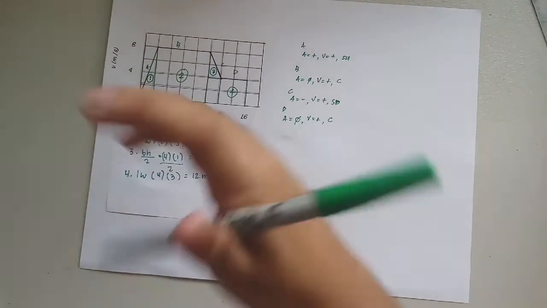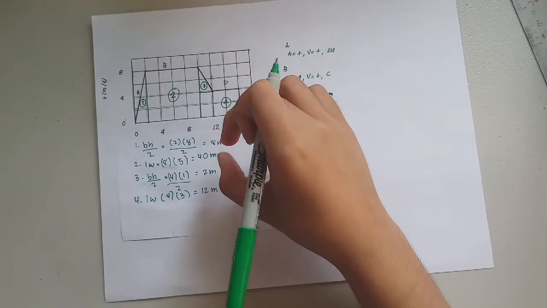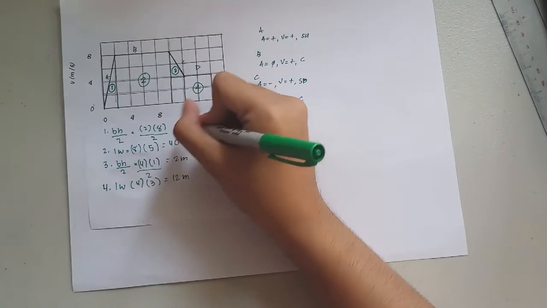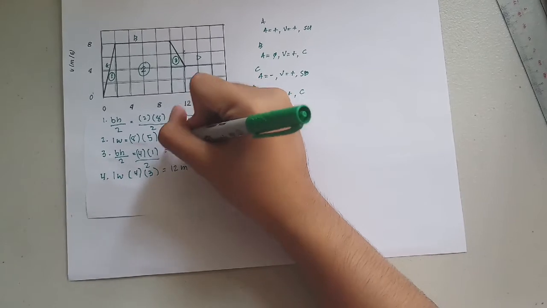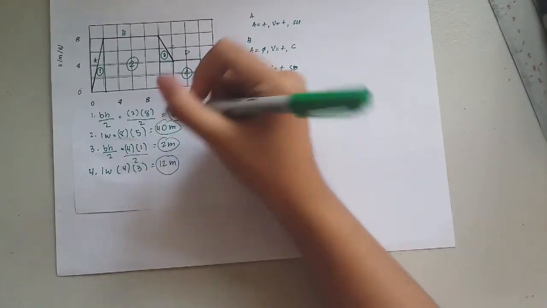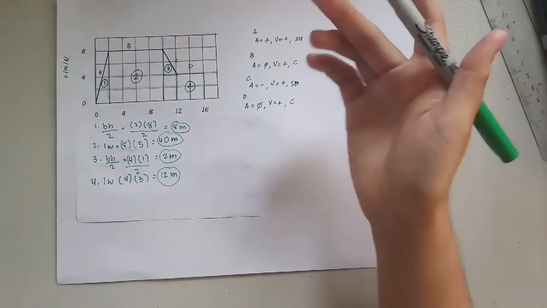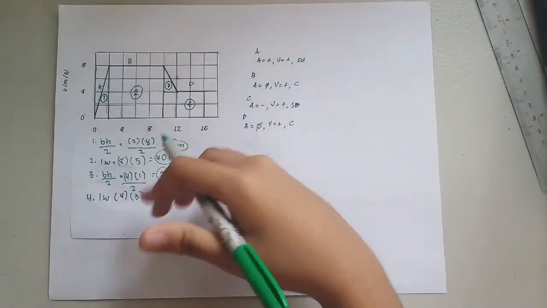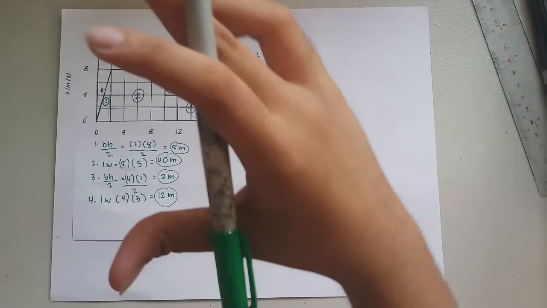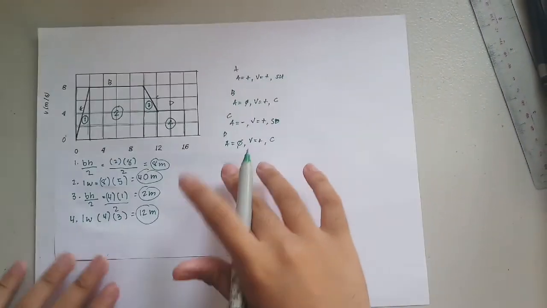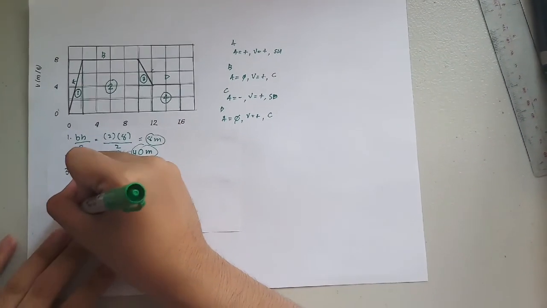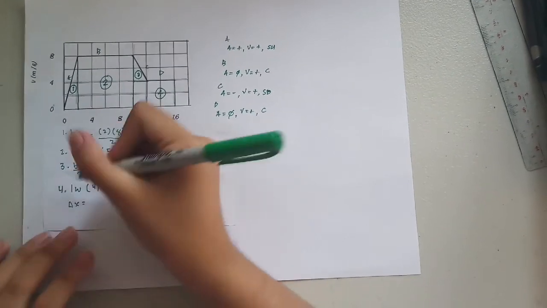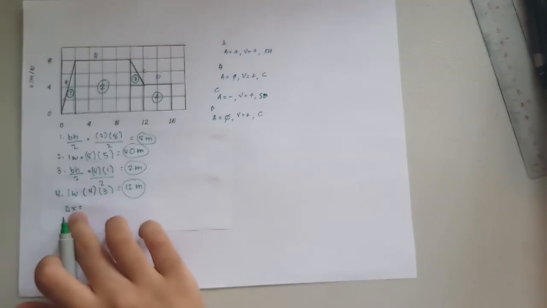So you will add all of these to find the displacement. This is called the delta x.